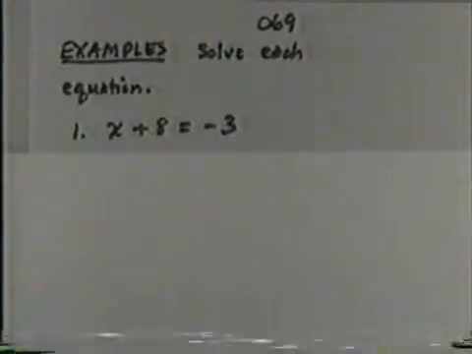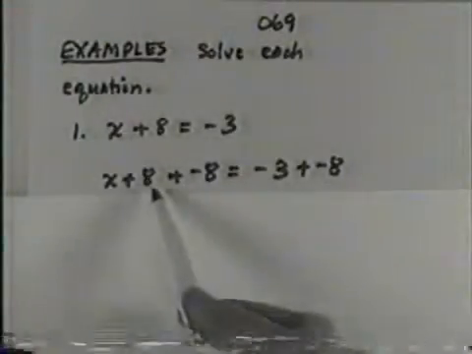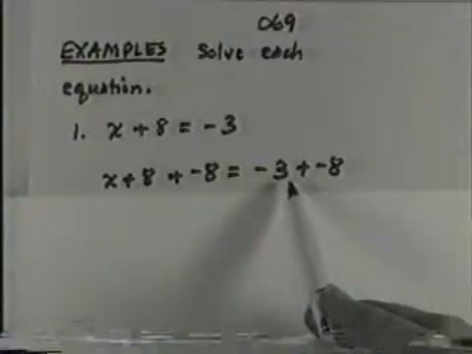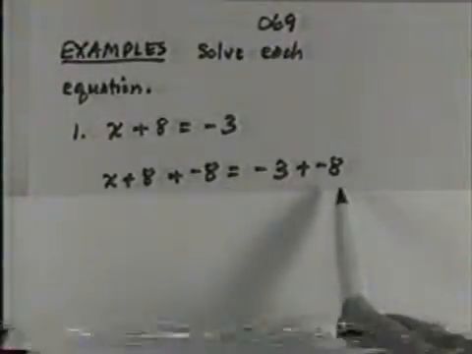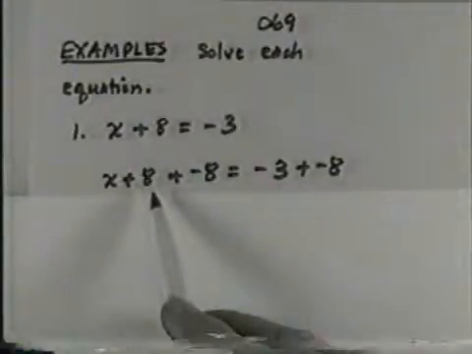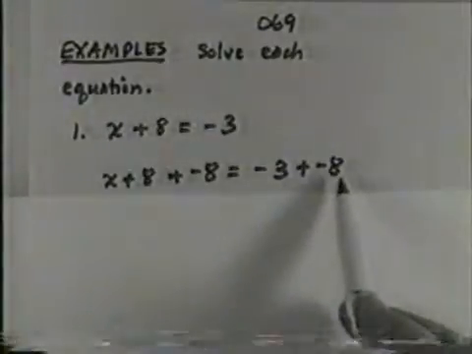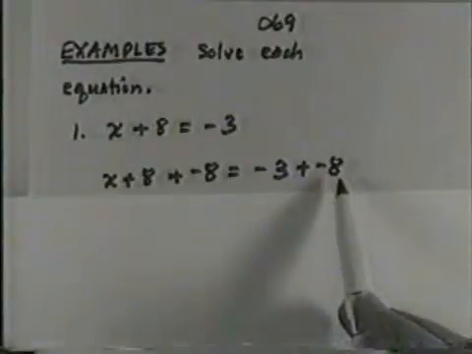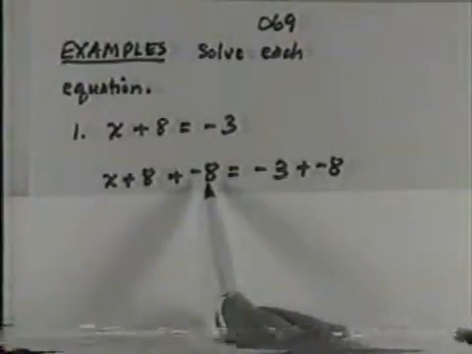So our second line reads, copy the original equation, x plus 8, and the -3 are copied. We add -8 to both sides of the equation to eliminate the 8 that's to be removed. So we have x plus 8 add -8 equals -3 add -8. On the left-hand side, the 8 and -8 add up to 0.